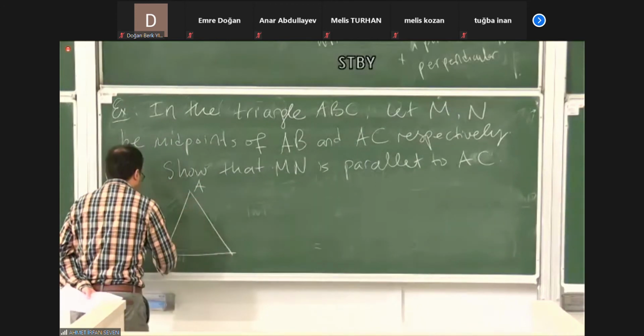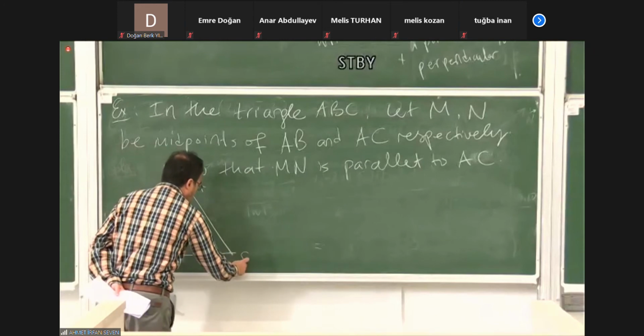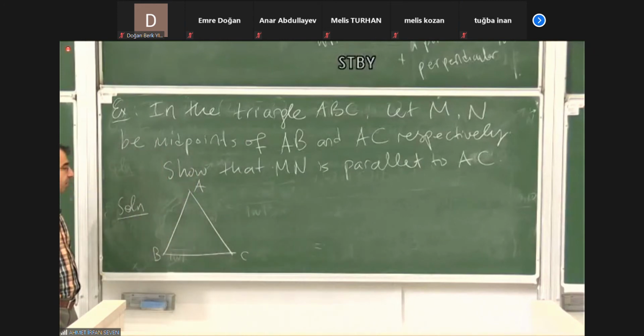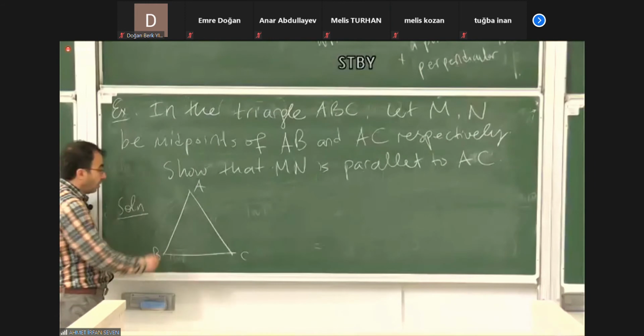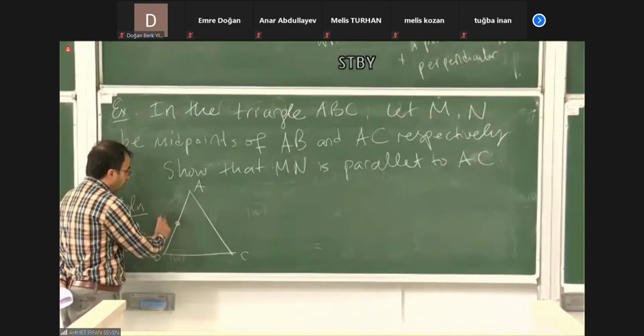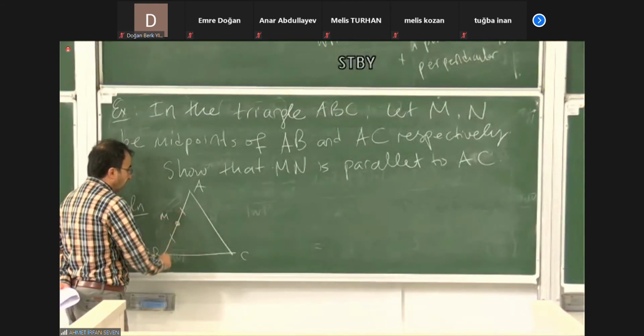So this is something that we all know very well. I have this triangle ABC, and then I have this midpoint here, M. So this length is the same as this one.